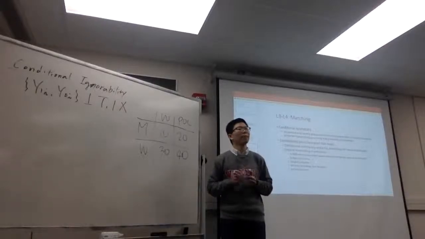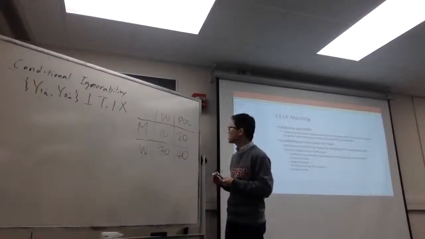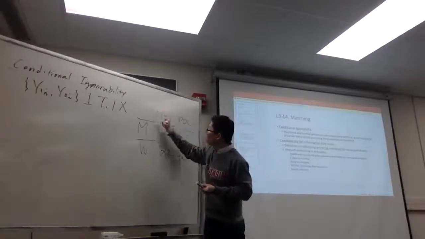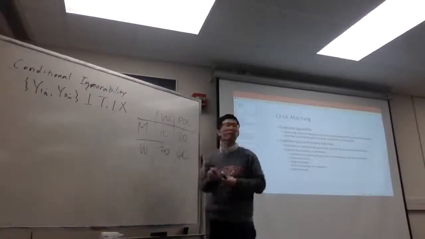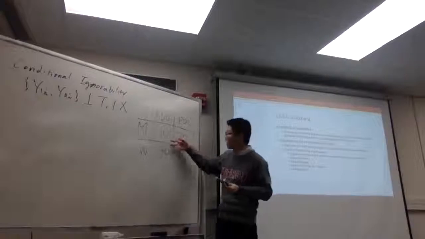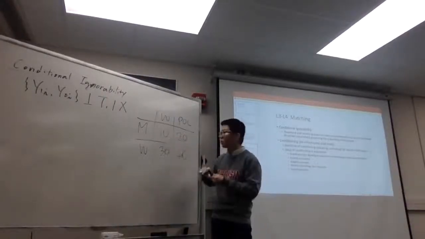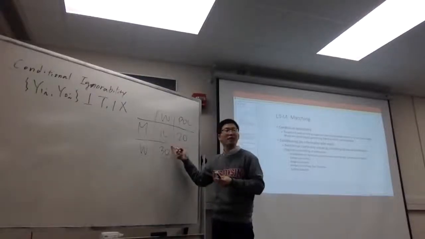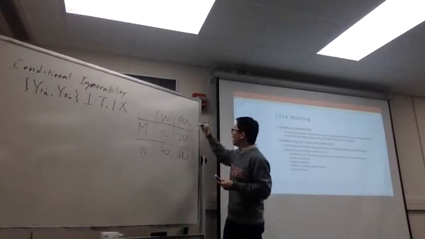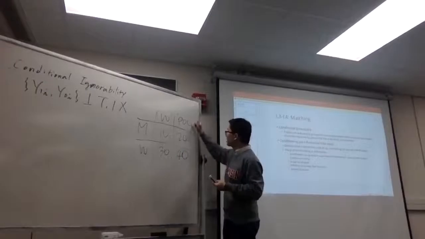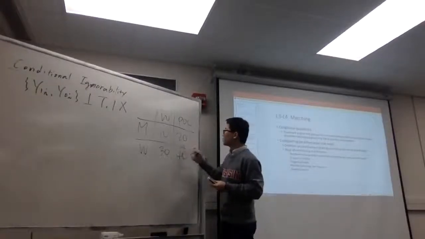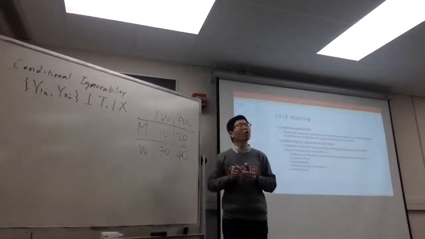In exact matching, you are only looking at white people first to look at the gender effect on income or wage, which is 20. And you look at gender effects for people of color only.